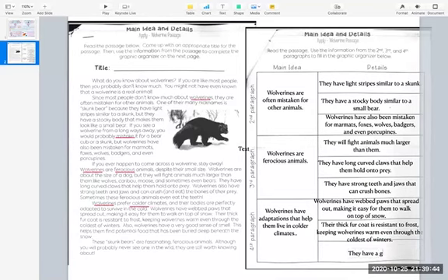They have a good sense of smell that helps them find food buried beneath the snow. So all of those details absolutely support our main idea that wolverines have adaptations that help them live in colder climates.